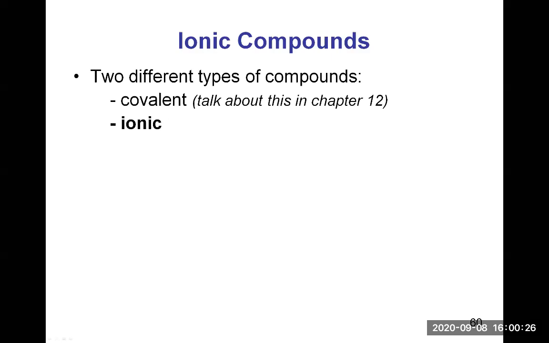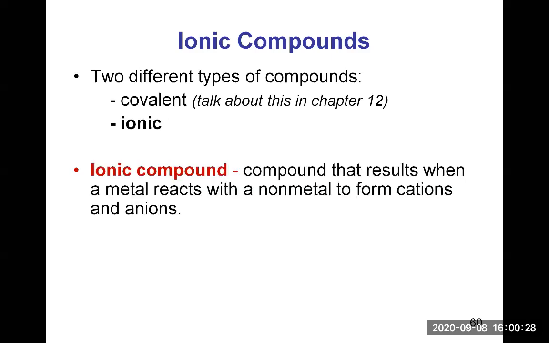And so as the name says, ionic compounds are compounds that result when a metal reacts with a non-metal to form cations and anions. So it's a compound that is made of ions, right? And ions are easily made from metals, and metals like to make positive ions, so cations, and non-metals like to make negative ions.